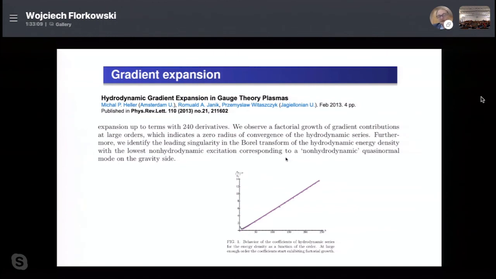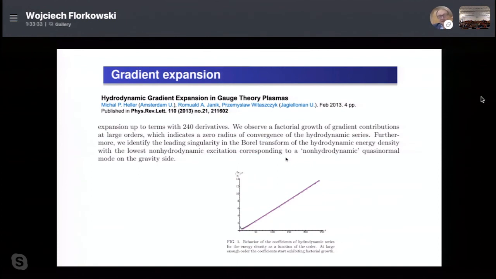This is easily understood because we have non-hydrodynamic modes in our modern hydrodynamic frameworks. Israel-Stewart, also DNMR formalism, anisotropic hydro, all those frameworks have non-hydrodynamic excitations.